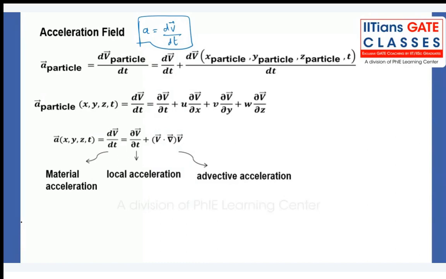See here, the velocity and acceleration field. Here I'm taking the coordinate system: x coordinate where velocity is u, y coordinate where velocity is v, z coordinate where velocity is omega, the z component of velocity. So any velocity field you can write as ui plus vj plus omega k. Whenever you write acceleration, that is the complete differentiation of V with respect to t, that would be dou u by dou t.